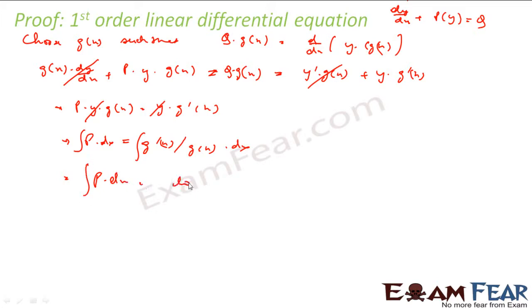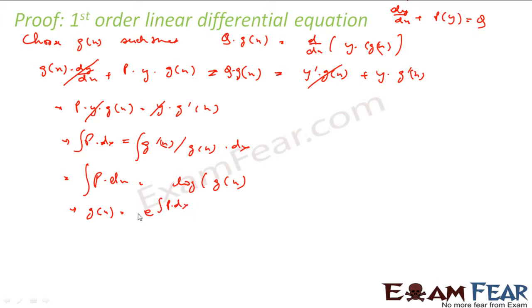This guy becomes log of g(x). Correct? Because g(x) is t if you put, so this becomes dt. So dt by t, log t, this guy. So I get g(x) is nothing but e to the power integration of P dx. So I got the value of g(x).